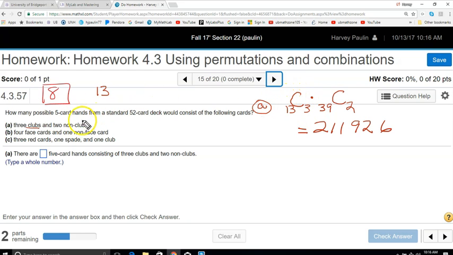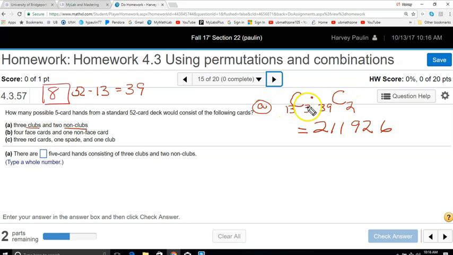Now, what's remaining? Well, we want to select 2 non-clubs. So if you subtract 13 from 52, you're going to get 39 non-clubs. There's my 39, and I want to select 2 of those.